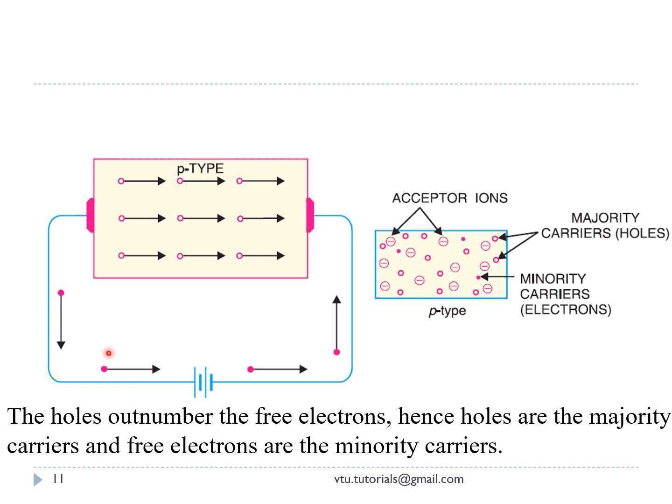As the holes are positively charged, they move towards the negative terminal of the battery, constituting the hole current, and the valence electrons, which are in minority, move towards the positive terminal, constituting the electron current. So here, as the holes are in majority, the current is mainly due to the holes, and the minority current is due to the electrons, or the minority carriers.